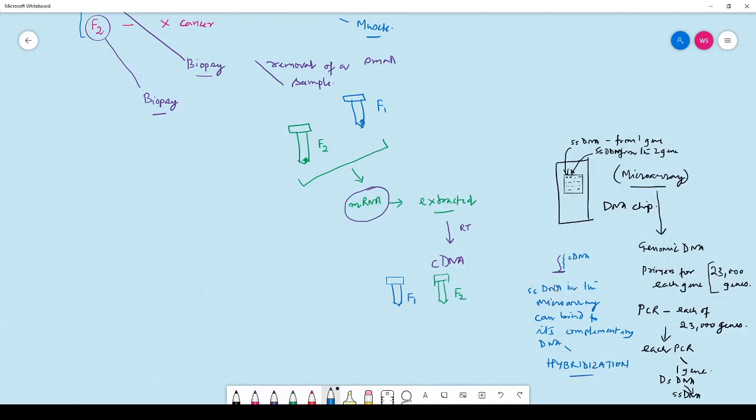So this is the property of the single-stranded DNA that is attached to the substrate in a microarray.